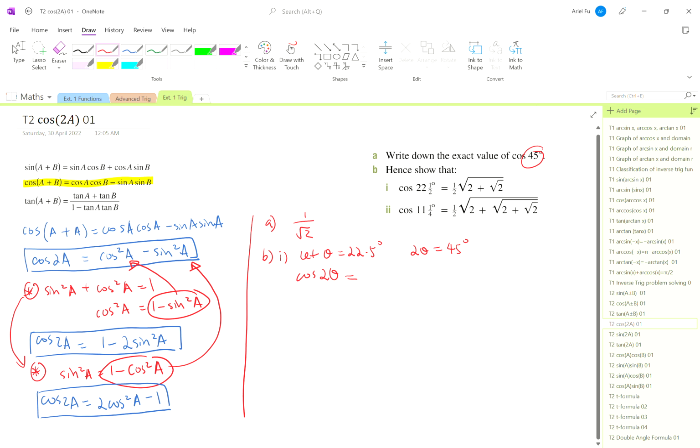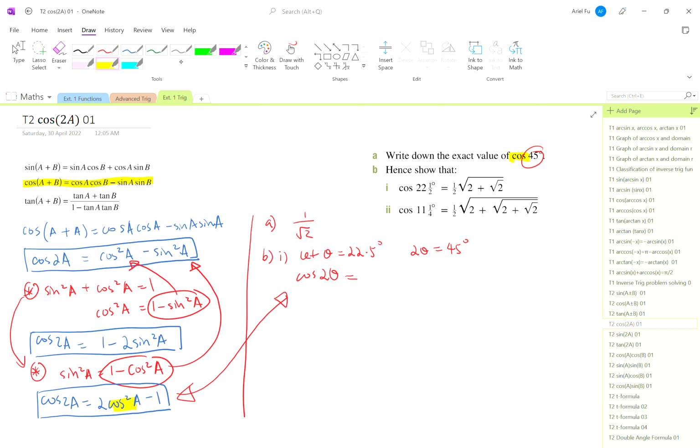I am going to pick the last one, the cosine one. It actually does matter in this case, because A told you what the cosine is, so let's deal with the one that just has cosine inside and doesn't have the complication of sine.